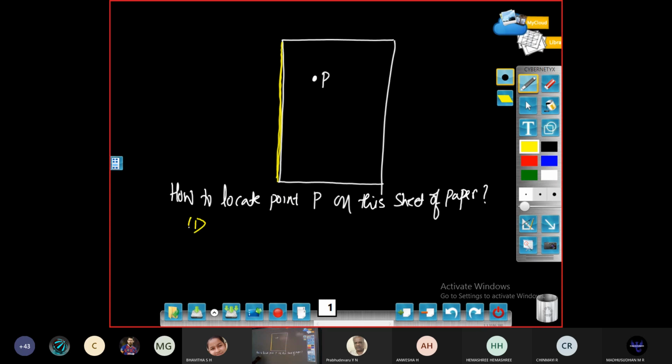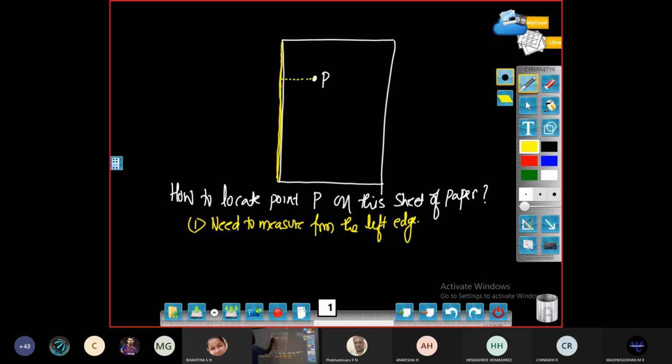The first important point is that you need to measure from the left edge. So you can measure this distance from here.